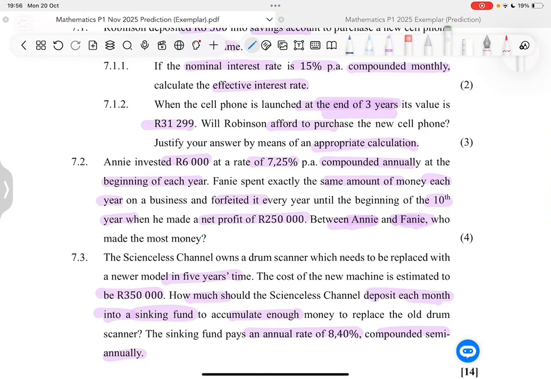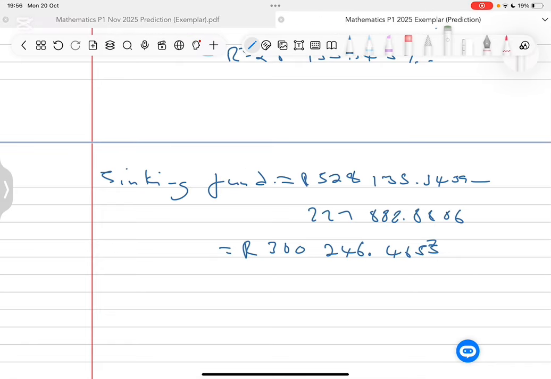The question requires us to find the monthly payments to say, okay, if the machine will cost this amount, how much should we put in our bank account every month so that by the time 5 years arrives, we are able to purchase that machine at this amount.